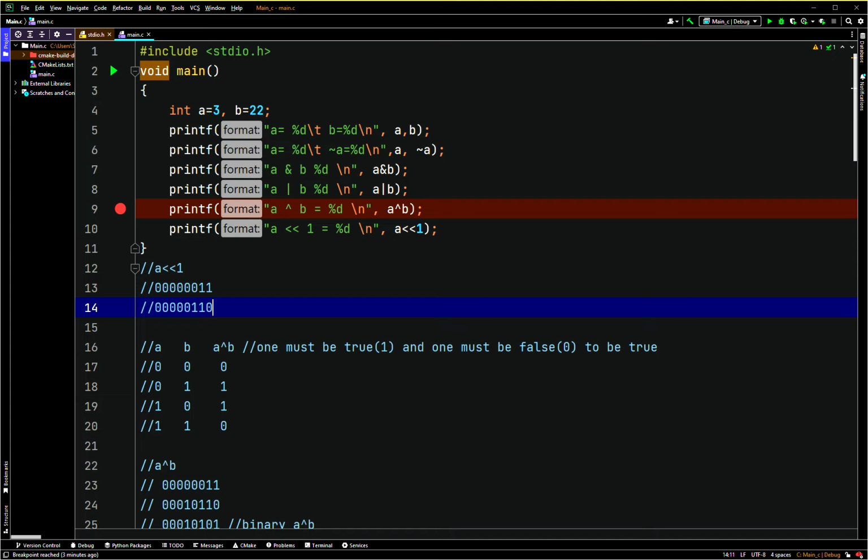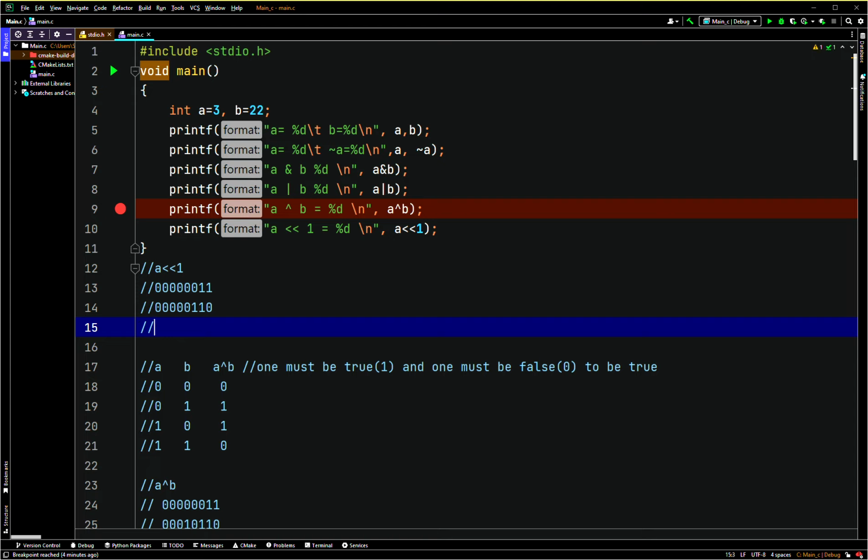Then we convert it back to base 10. So we're going to have 0 times 2 to the power of 0, plus 1 times 2 to the power of 1, plus 1 times 2 to the power of 2. We'll just do a quick version of that. 1 times 2 to the power of 1 is 2, plus 1 times 2 to the power of 2 should be 4.